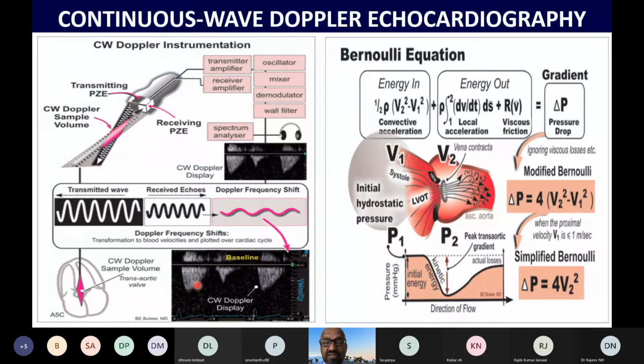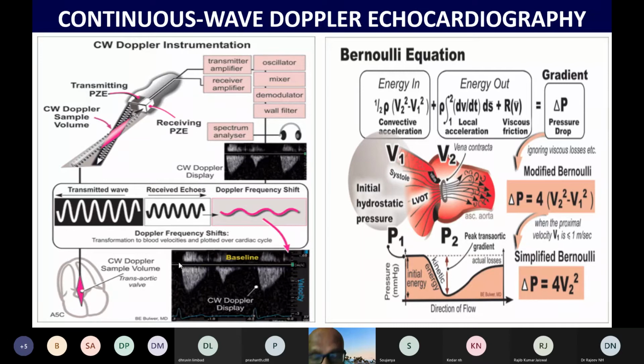The other advantage of continuous wave Doppler is that it is able to measure high velocities, whereas with pulse wave Doppler we cannot measure high velocities. So the two major differences are that in pulse wave Doppler we can place the sample volume at a place where you want to measure the velocity and determine the velocity.